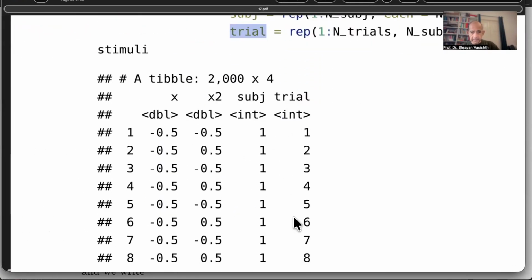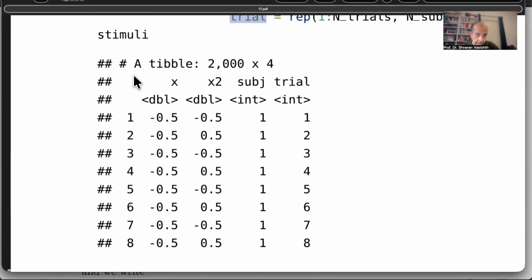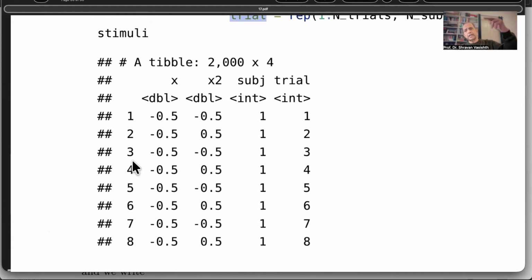The trial ID is just increasing one by one, stepwise. This column is just marking the row ID of the data frame. It's not part of the data frame as such. It's just showing you which row you're looking at.